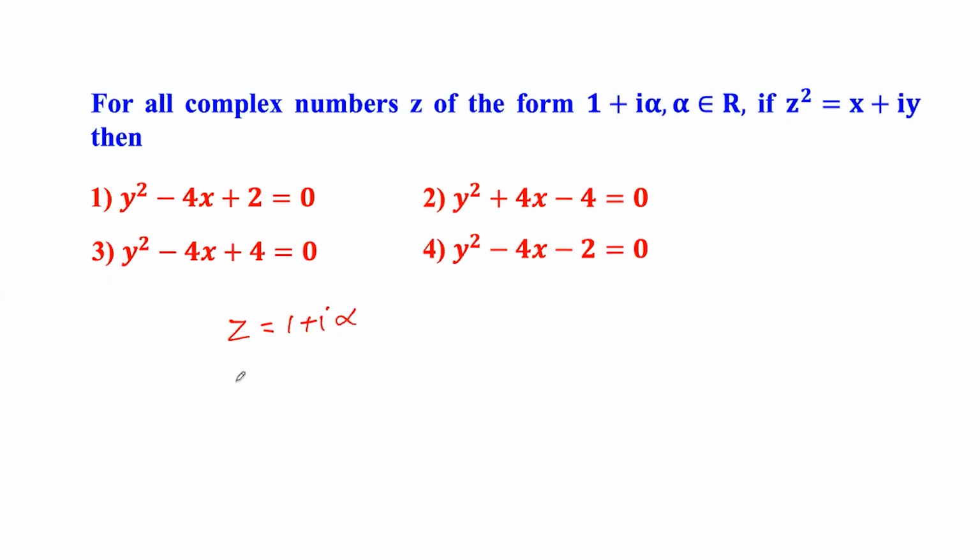Z square is nothing but 1 plus i alpha the whole square is equal to x plus iy. Comparing both the terms, 1 minus alpha square is equal to x, and y is equal to 2 alpha, right? So we have to eliminate alpha. So we can rewrite this as 1 minus y square by 4 is equal to x, or y square plus 4x minus 4 is equal to 0 will be the locus of the complex number we require, right?